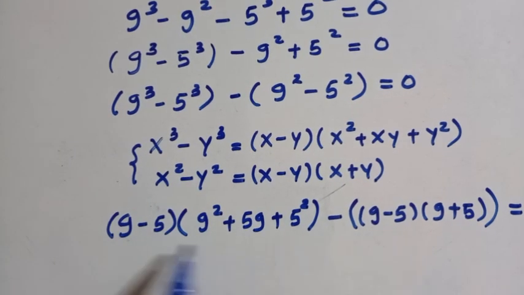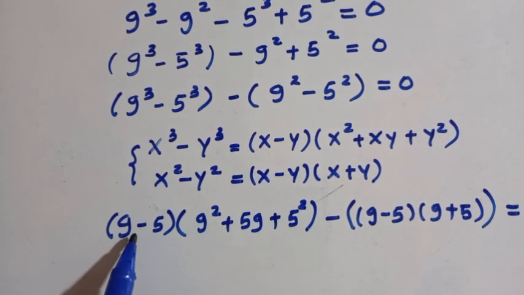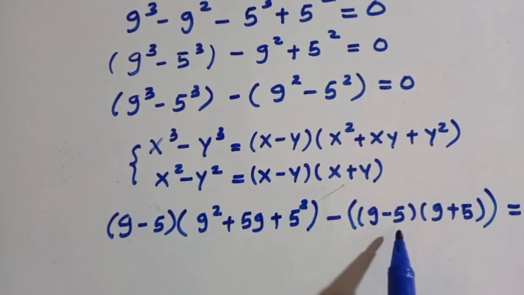And let's look at these two. At this point, we have this as g minus 5, and this is also having g minus 5.